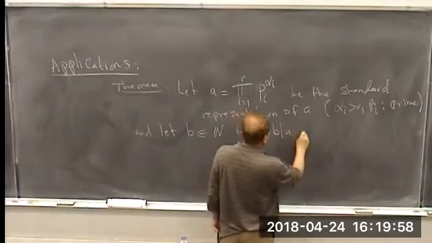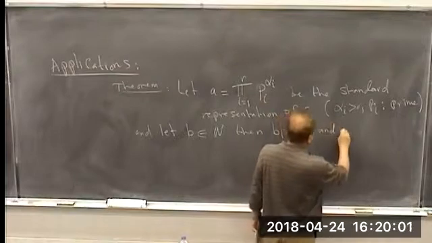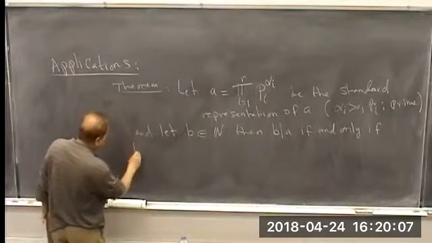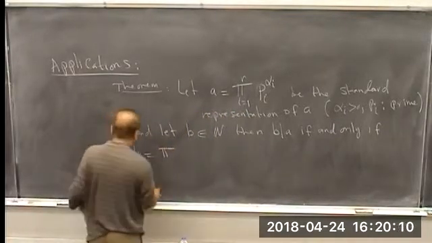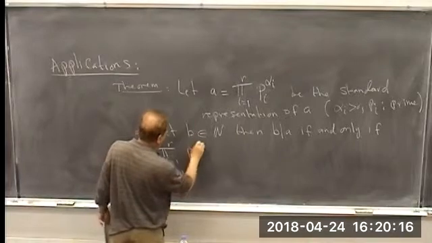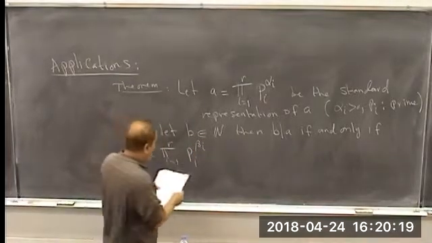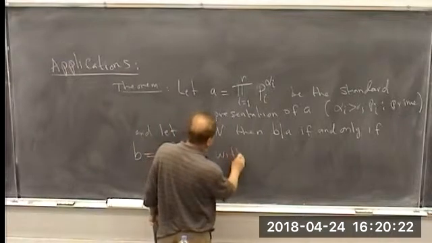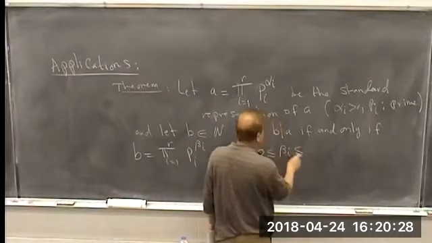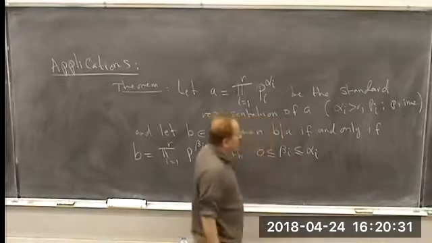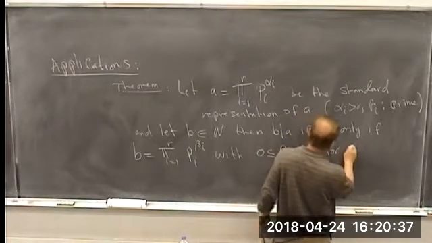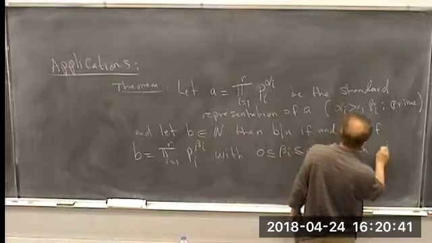Then B divides A if and only if B is written like this: the product from i equal 1 to r of p_i to the beta_i, with the betas, some of them could be 0, and they must be less than or equal to the alpha_i's, for each i between 1 and r.